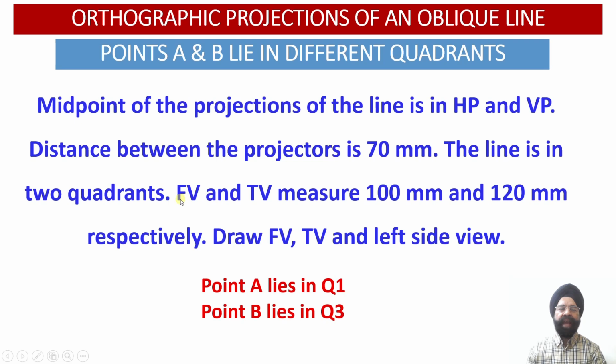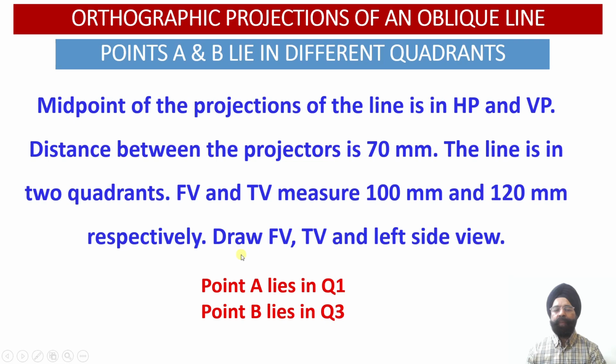And finally, we have been provided with the measurements of the front view projection A dash B dash and the top view projection AB. The front view of the line A dash B dash measures 100 millimeter, while the top view projection of the line, that is AB, measures 120 millimeter.